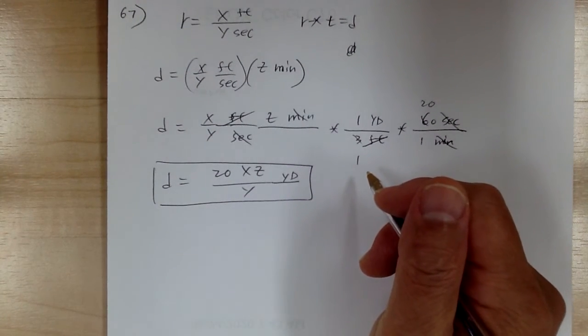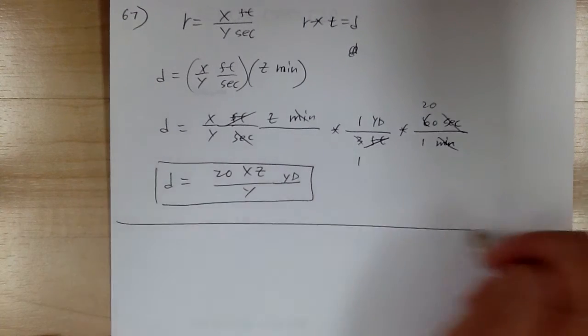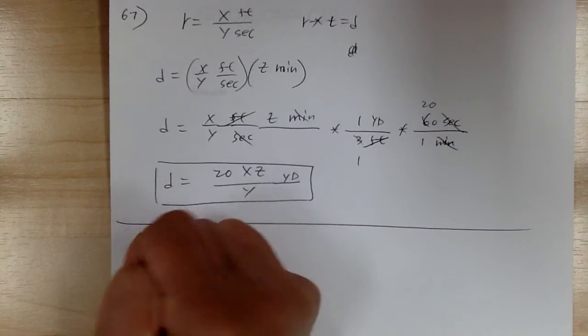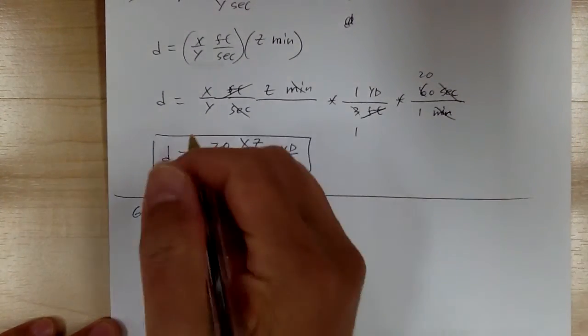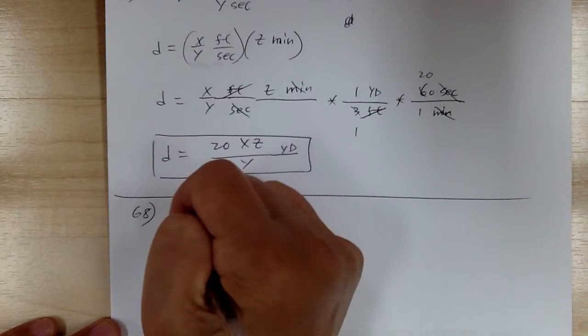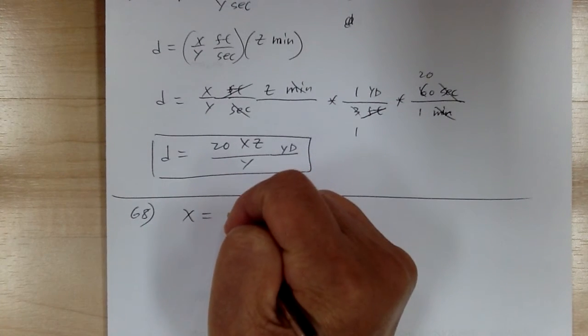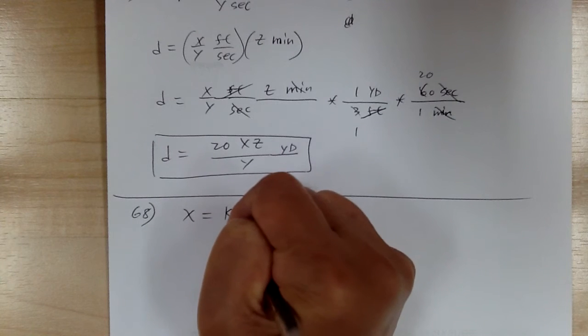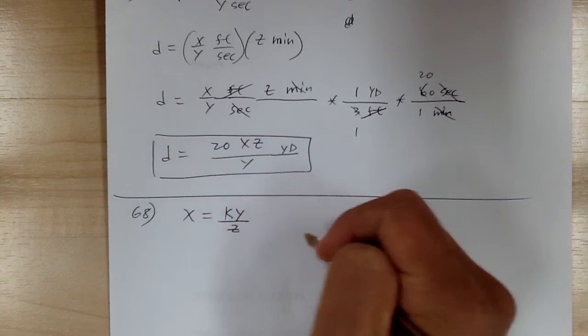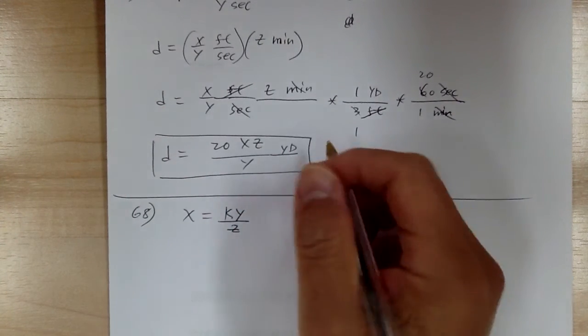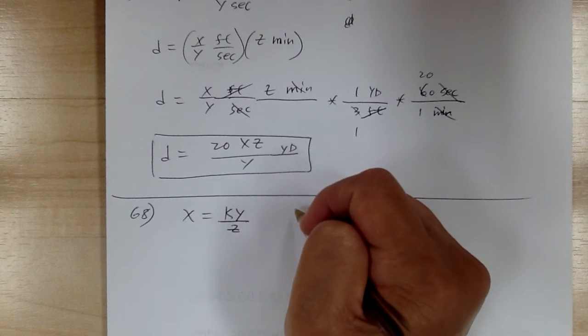Okay, let's go to 68. Again, need to translate. So x is proportional to y and inversely proportional to z. And then they give you all this information.